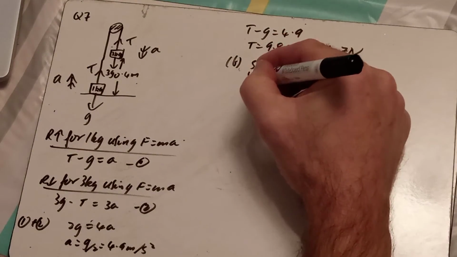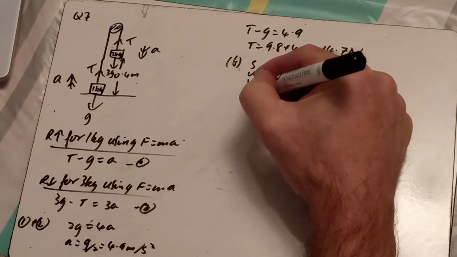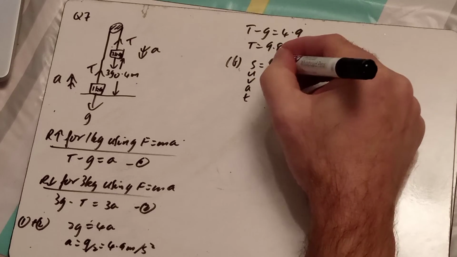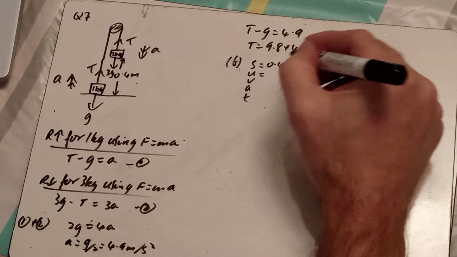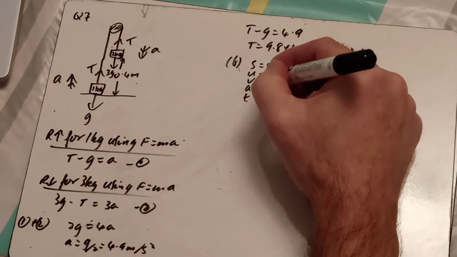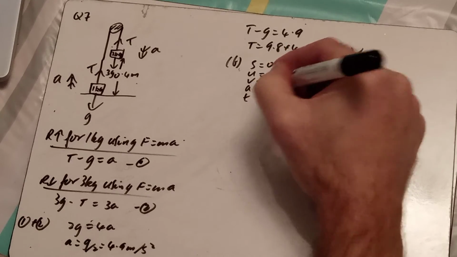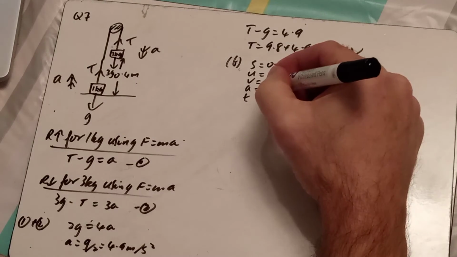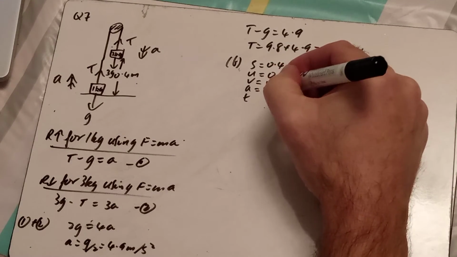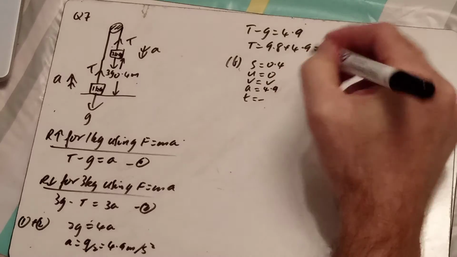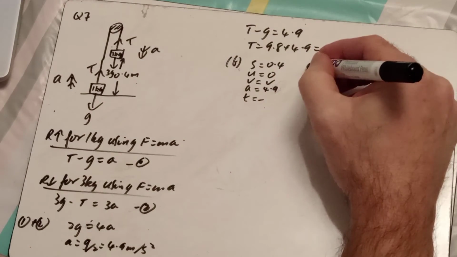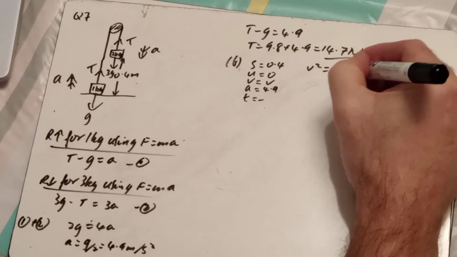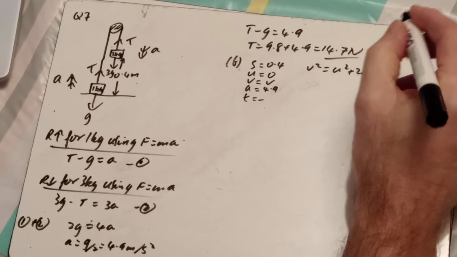So as before, I can do that. S is 0.4 meters, that's why we had to change the units. U is 0, V is what we're after, A was 4.9, G over 2, and T not interested in. So it's the one without T, V squared equals U squared plus 2AS.